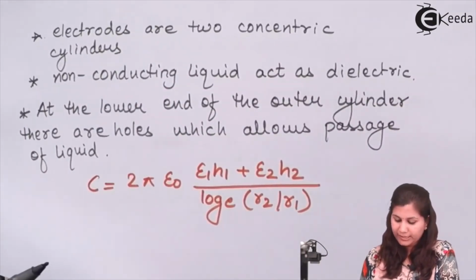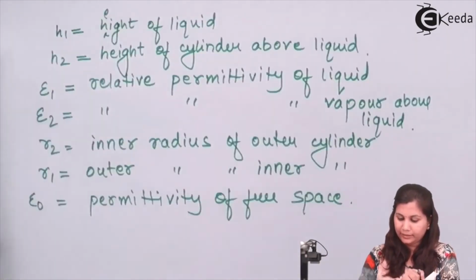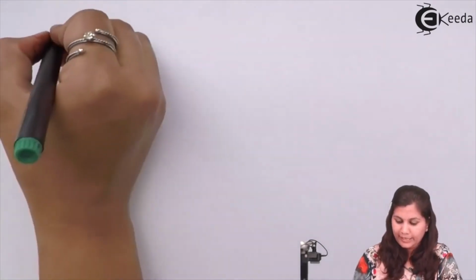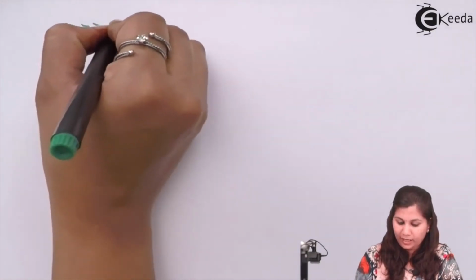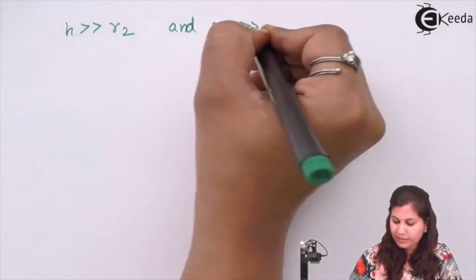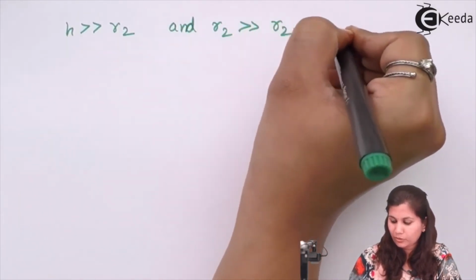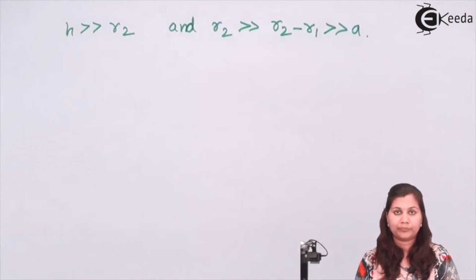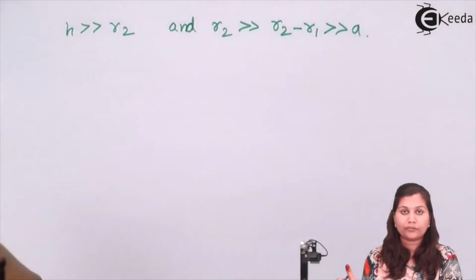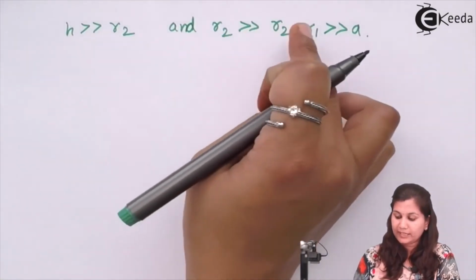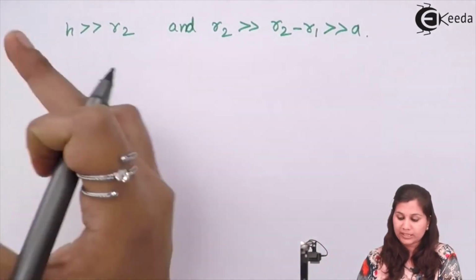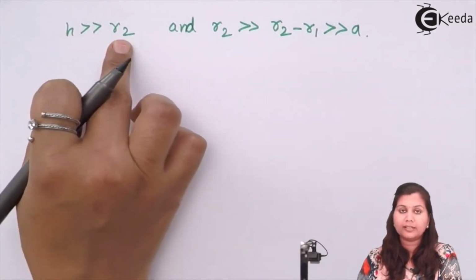Now this equation is based on the assumption that H is very much greater than R2 and R2 is very much greater than R2 minus R1, or very much greater than A. Means the inside radius of the outer cylinder is very much greater than the difference between the two radii, and the total height of the cylinder is very much greater than the radius.